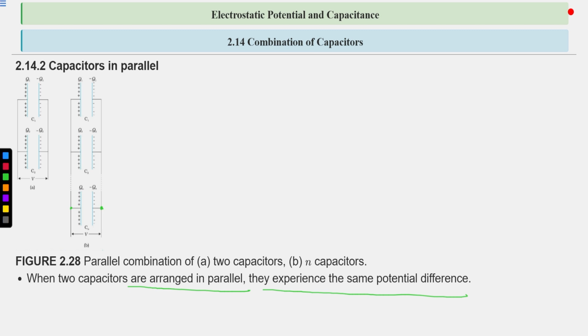If I connect capacitors in series, this 12 volt will be distributed among 6 or 7 capacitors. If all the capacitors have the same capacitance, each gets 2 volt. Two volt is a very small amount for any capacitor to store charge. So we want every capacitor to store charge at 12 volt.